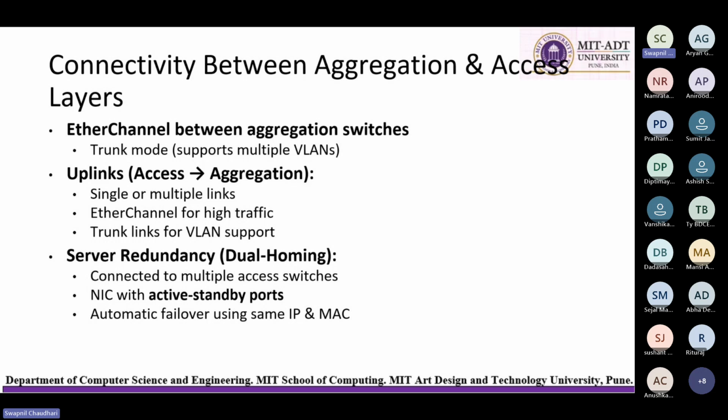They can be single links for low traffic and multiple links or EtherChannel for high traffic. These uplinks also use trunk mode, meaning multiple virtual LANs can pass through one physical connection. So this provides scalability, flexibility and efficient use of the network resources.